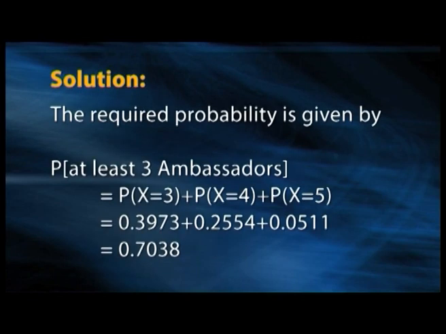Therefore, the required probability that there are at least 3 Ambassadors is P(X equal to 3) plus P(X equal to 4) plus P(X equal to 5). By substituting values of X in P(X) and simplifying, we get 0.3973 plus 0.2554 plus 0.0511, which is equal to 0.7038.